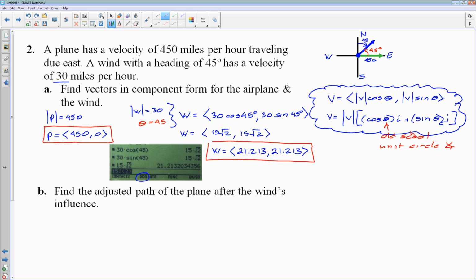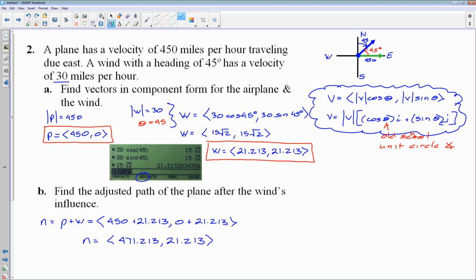Because once you have the vectors in component form, then to find the adjusted path, we simply add those two vectors together. The new vector for my plane is going to be the plane's vector, the original vector, plus the wind, which is 450 plus 21.213, and 0 plus 21.213, which gives you a vector of 471.213 and 21.213.